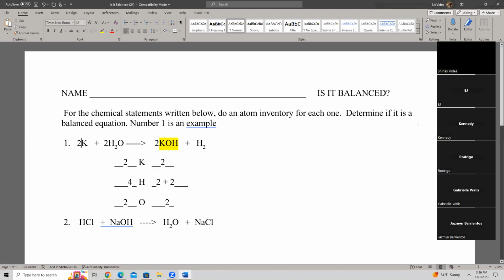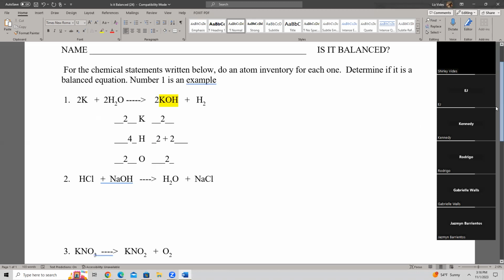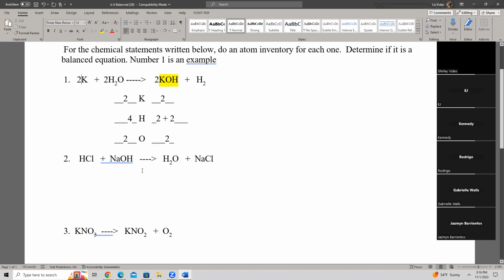So I'm going to demonstrate again the inventory method with this one. Okay, so we're going to actually put the elements in the middle, and we're going to go to sodium. I'm just going to do them in the order that they're found in here. And the last one is chlorine.